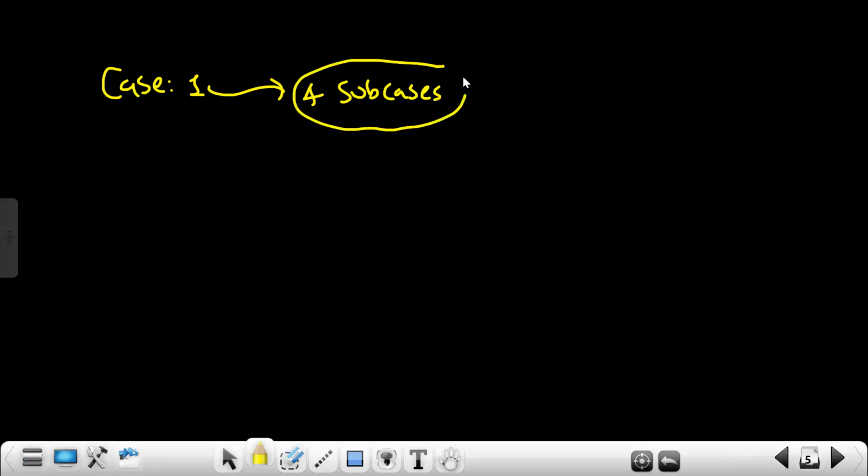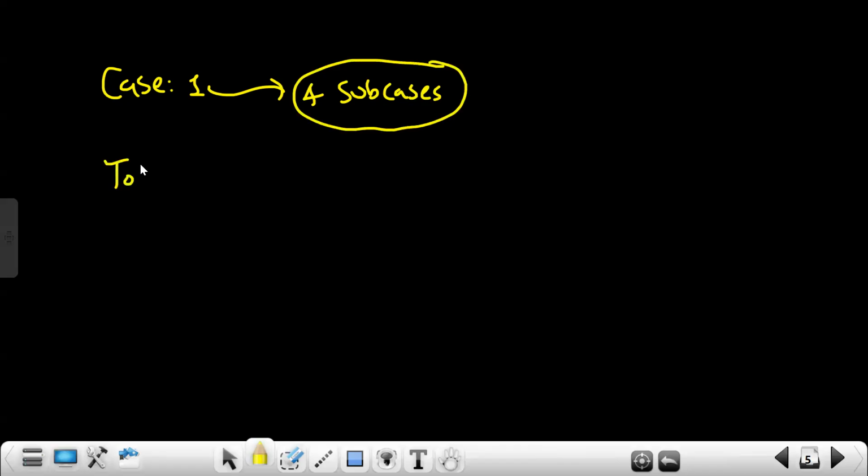The area would be 1. Now we had 4 cases, right? For case 1 only, we will have 4 subcases, where we take positive, negative, like that, because modulus is there. So for one case only, we have 4 cases.